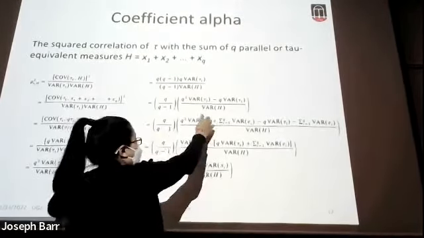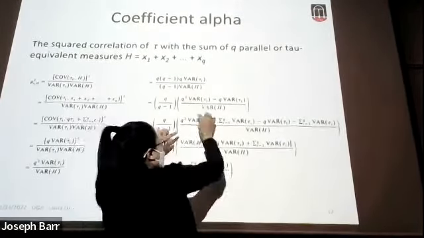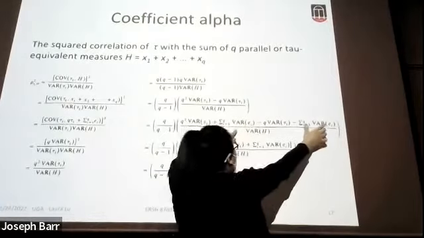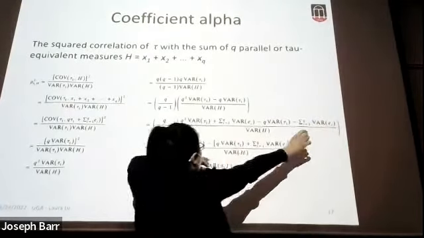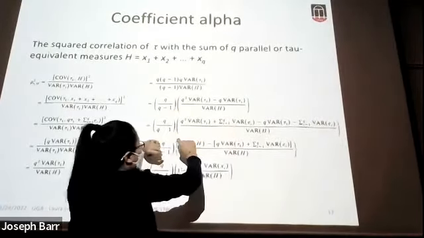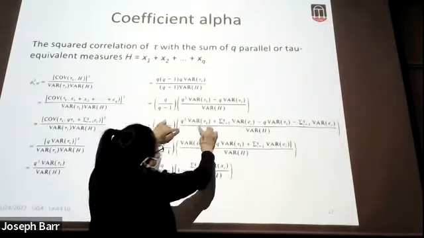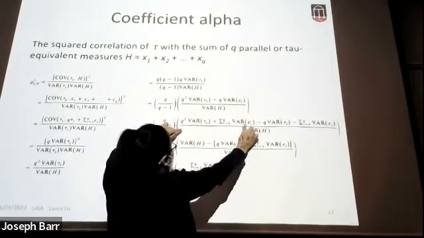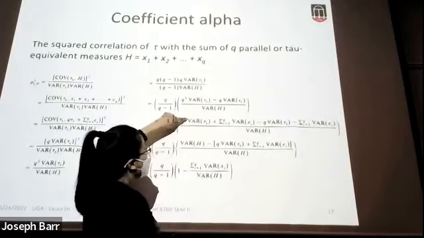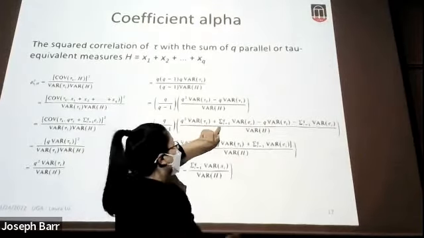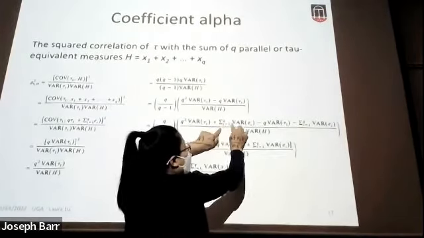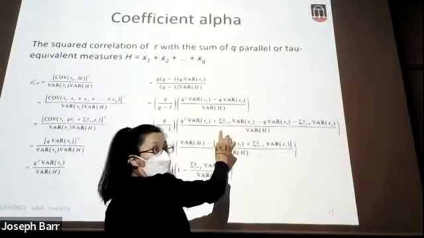This is another trick from here to here. We add something, we minus something. This is the same term; we add something, minus something, we can cancel it. But by adding this term, when we look at this part, what is this? The Q squared, the variance of the true score, plus the sum of the variance of the residual part.